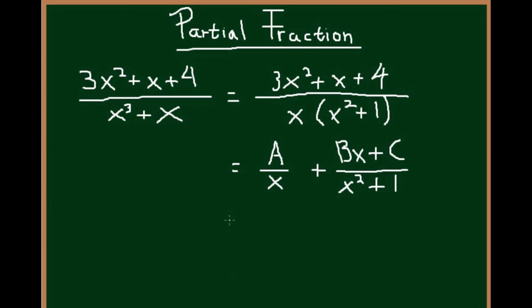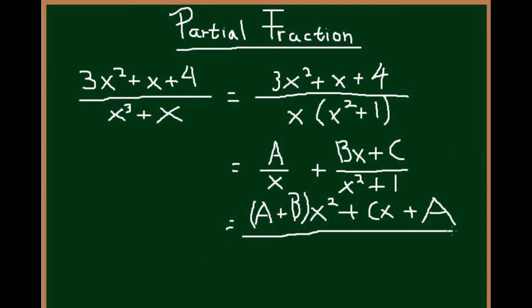And then we evaluate: we got a plus b times x squared plus cx plus a over x cubed plus x.